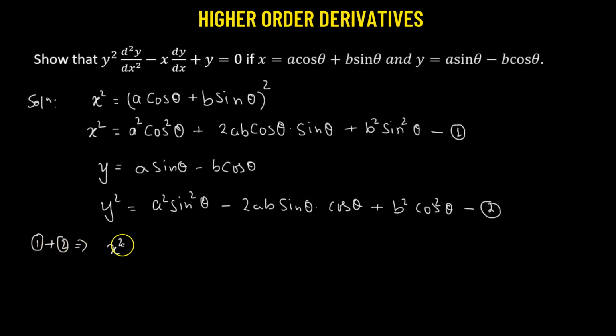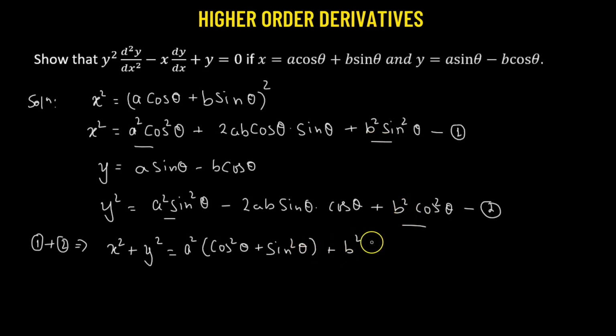Doing so, we get x squared plus y squared equals, so here we have a squared cosine squared theta and a squared sine squared theta. We'll take a squared as the common factor, multiplied with cosine squared theta plus sine squared theta. Then we have b squared sine squared theta and b squared cosine squared theta, so taking b squared as the common factor, we have b squared multiplied by sine squared theta plus cosine squared theta.